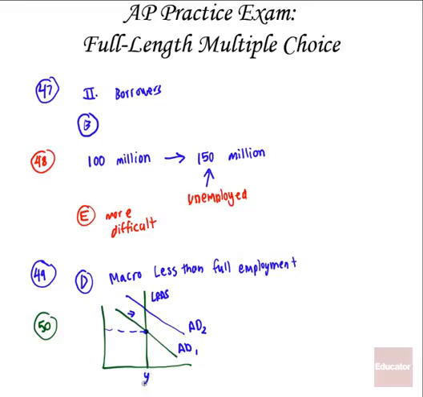Guess what? There's no impact on the GDP, but what happened? For sure, the price level went up. So it's just inflation that went up, so the answer is going to be A. So in this type of aggregate supply, you're not going to have a whole lot of impact when you try to use expansionary fiscal policy.